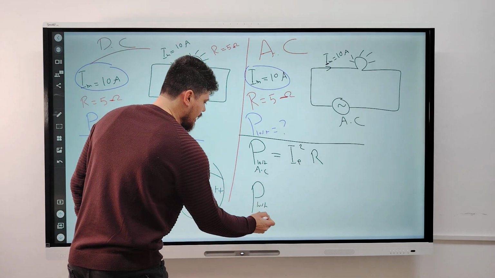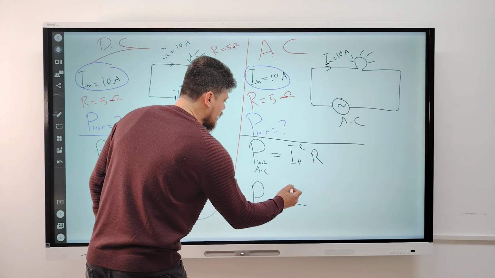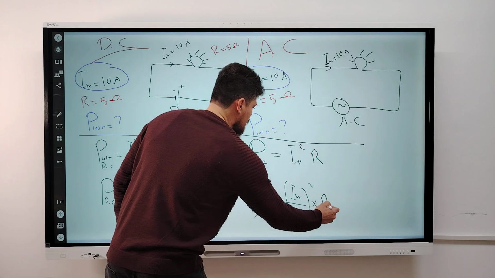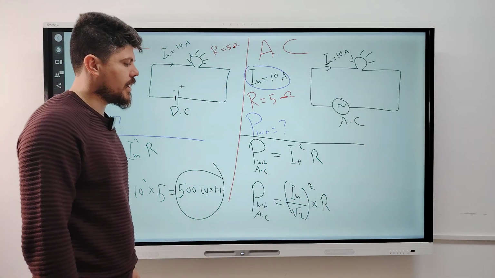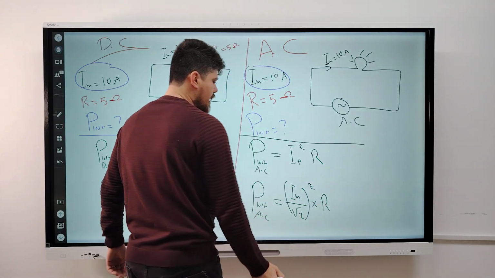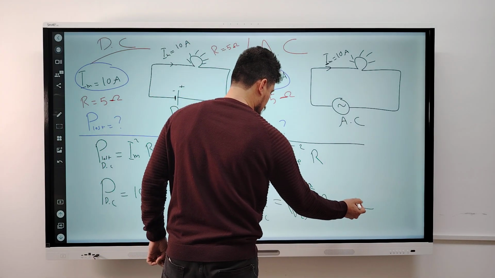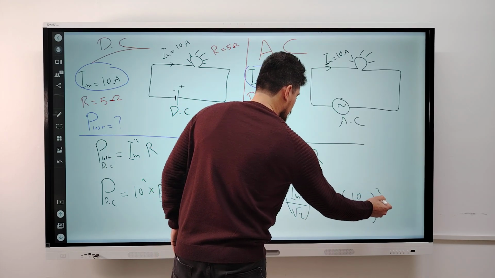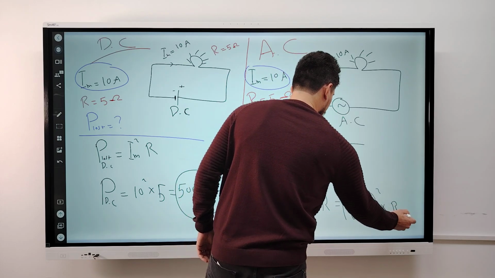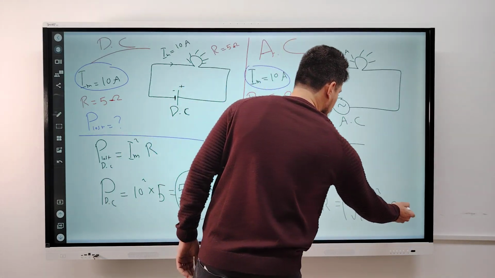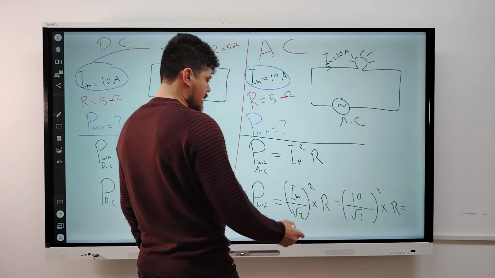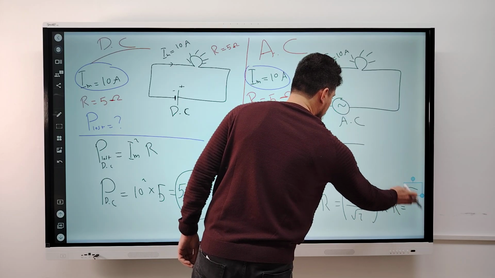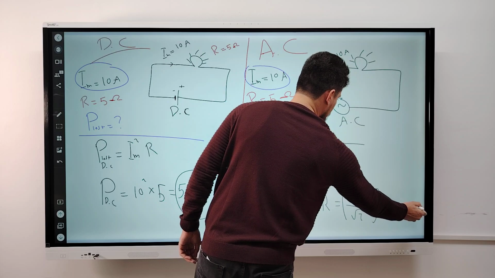IE is equal to Im over radical 2. So P loss in AC is Im over radical 2 squared times R. Replacing, Im is equal to 10 divided by radical 2, squared, times resistance. The result should be smaller than 500, 300 or something like that.